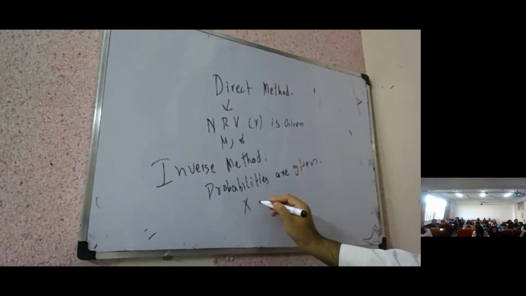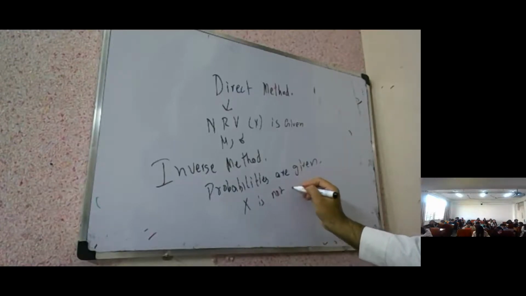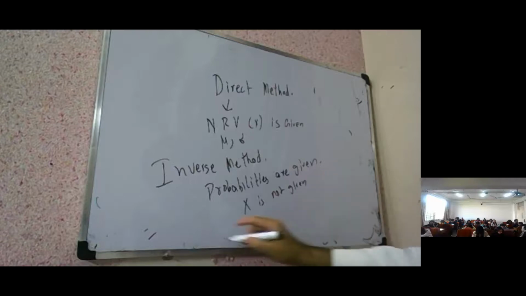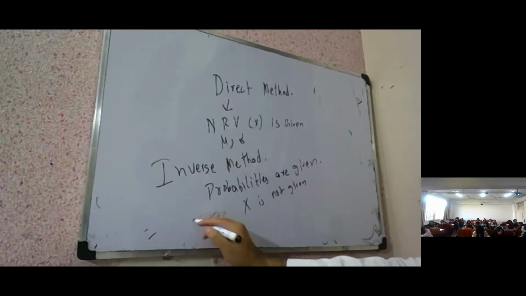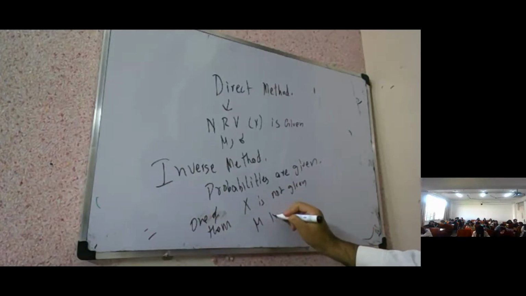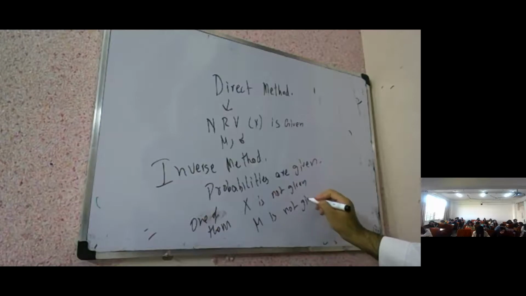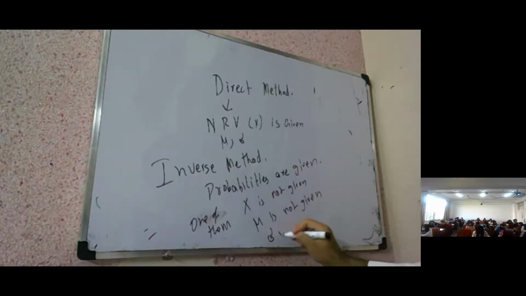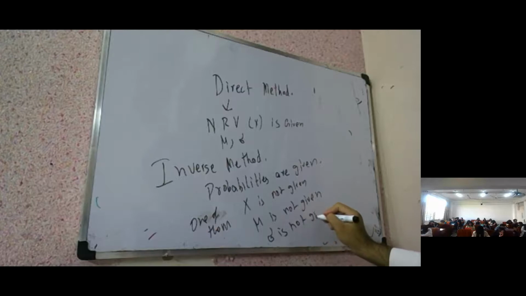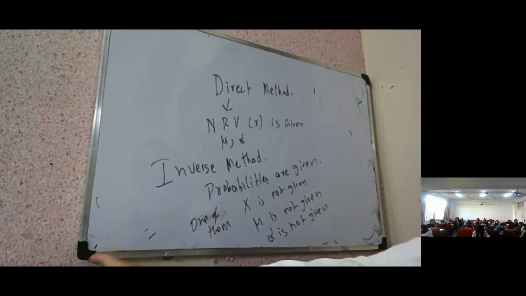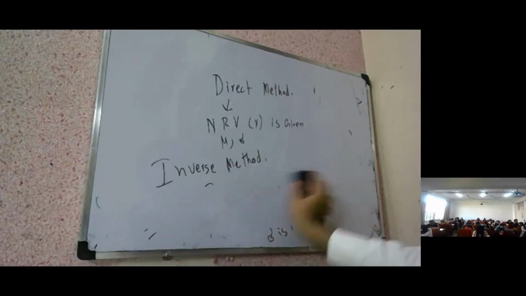So maybe x is not given, maybe mu is not given, or sigma is not given. So we will see all these three cases, and the rest is for your practice. So here in inverse method, the probabilities are given and you are being asked to solve the question. Now let's see a question directly from inverse method.